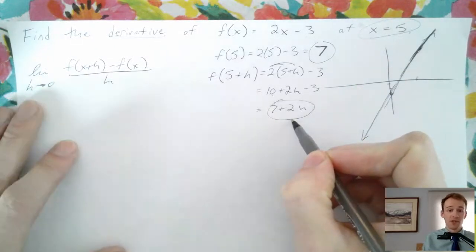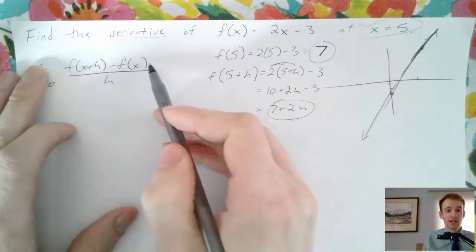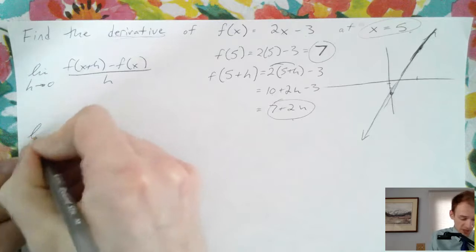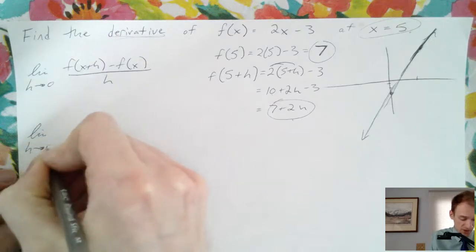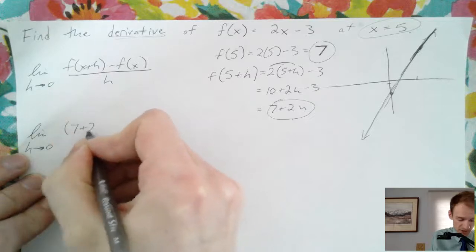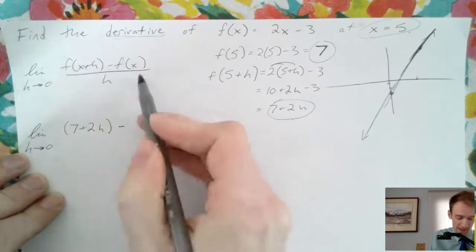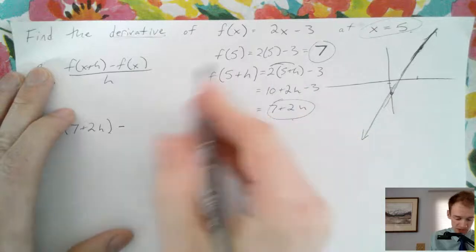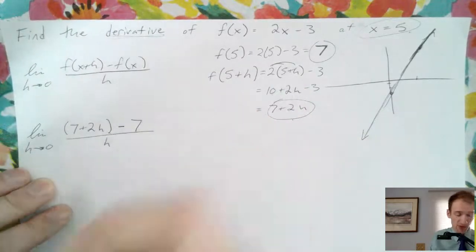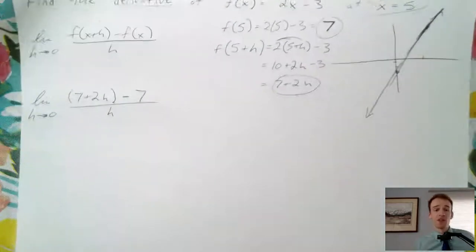Now I can substitute those in over here for f of x and f of x plus h, right? So my derivative becomes the limit as h approaches 0 of f of x plus h, which I know is 7 plus 2h, minus f of x, which I know is just 7, all over h. Remember, we don't substitute anything for h because that is our limit variable.